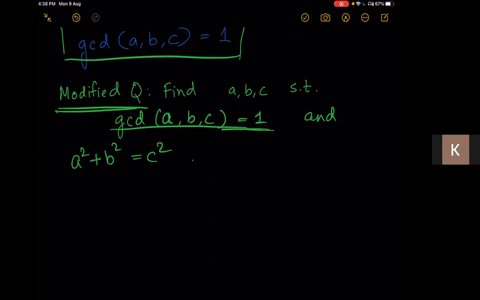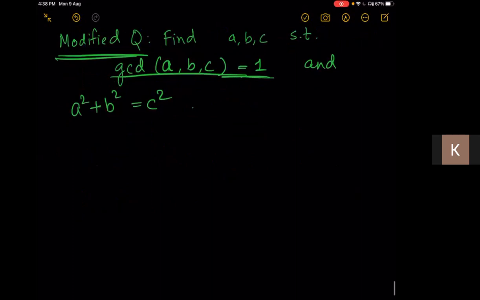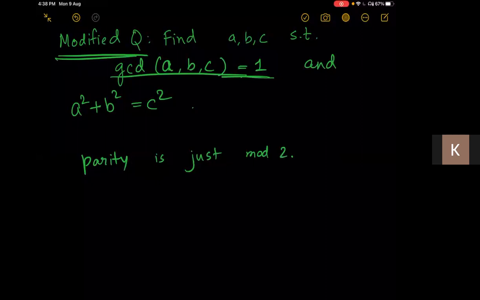Okay. Acha, by the way, parity is just mod 2. Like, in a Diophantine equation, suppose LHS is coming odd and RHS is coming even. So this is 1 mod 2, this is 0 mod 2. Acha, so an odd number cannot be equal to an even number, so you say no solution.